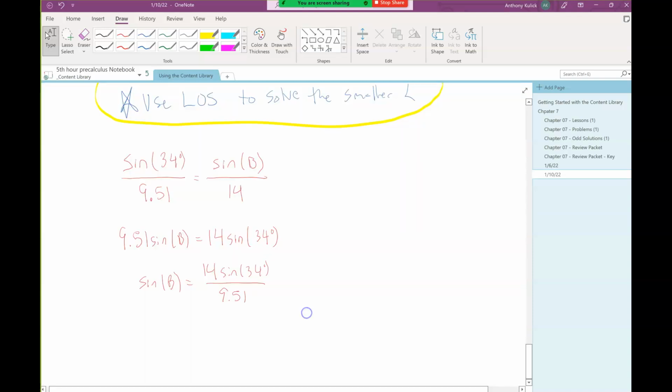And then how do I get rid of the sine in front of that angle B? Sine inverse. Very good.